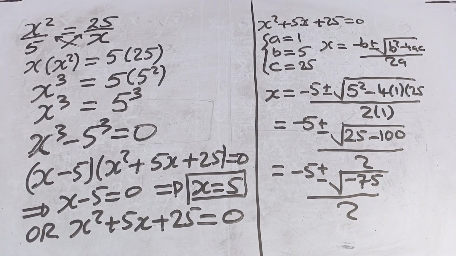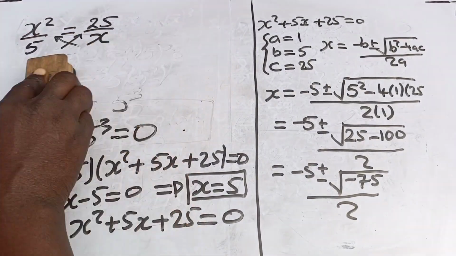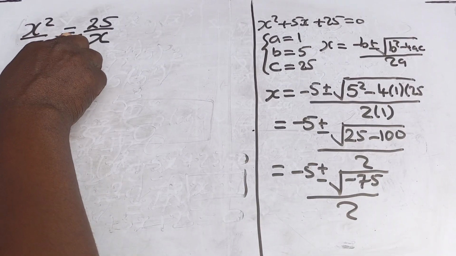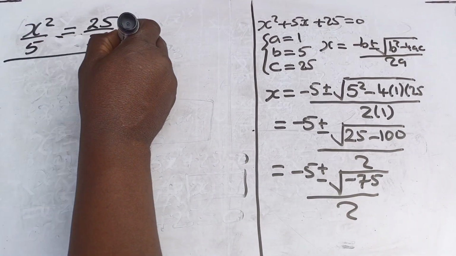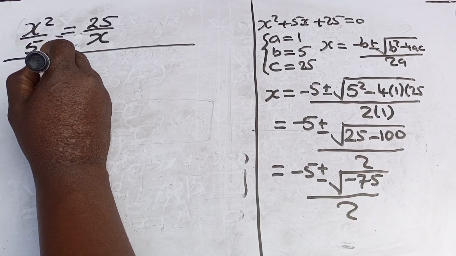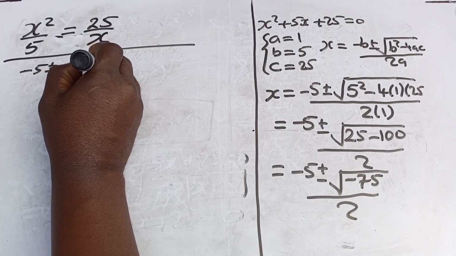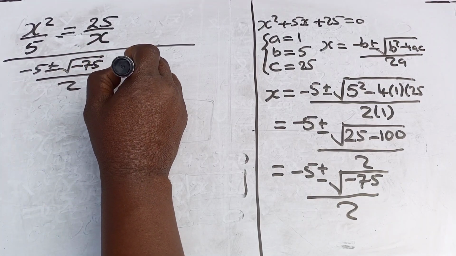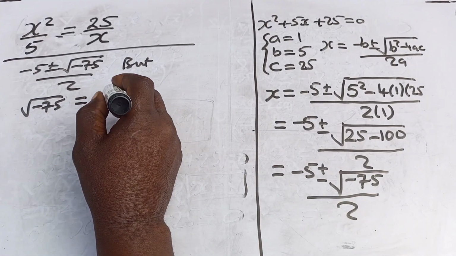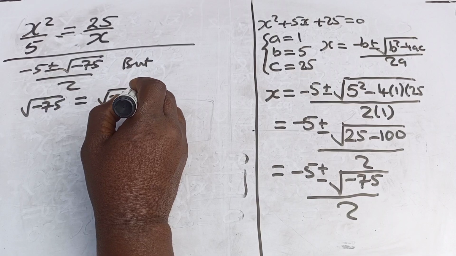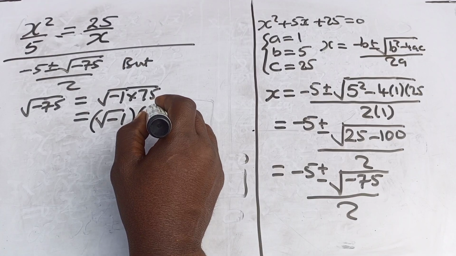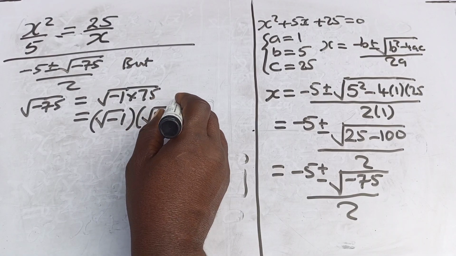Let's continue this way. We have negative 5 plus or minus the root of negative 75 all over 2. But root negative 75 is the same as root of negative 1 times 75, which is root of negative 1 multiplied by root 75.